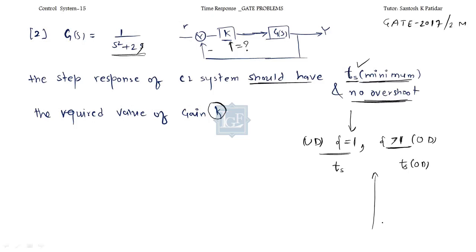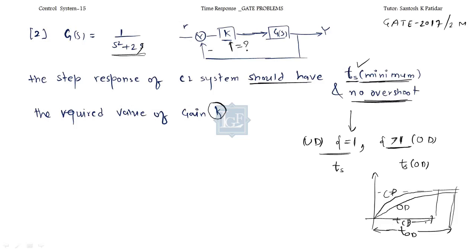Actually, the output waveform for these 2 systems will be like this. See, this is for the critically damped system and this is for the overdamped system. So the overdamped system will take more time to settle than the critically damped system. So here T_OD, if you find out, is more than this T_CD, correct?